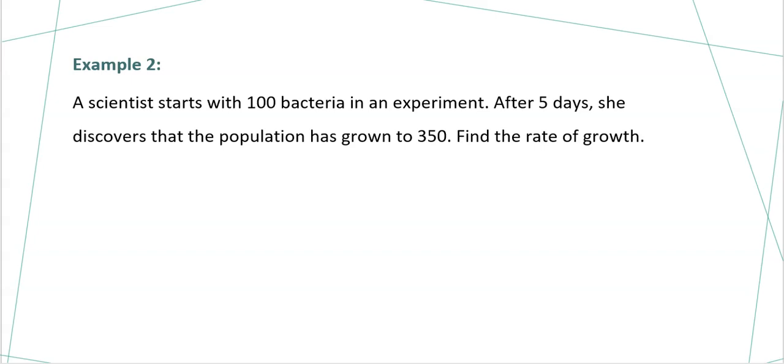So let's read the question. A scientist starts with 100 bacteria in an experiment. Starts with means it is the initial value, that we denote by P. After 5 days, so it's the duration, that is nothing but t, the time.